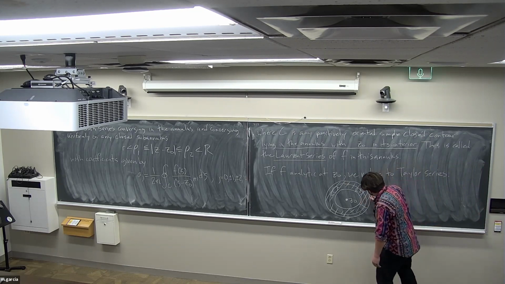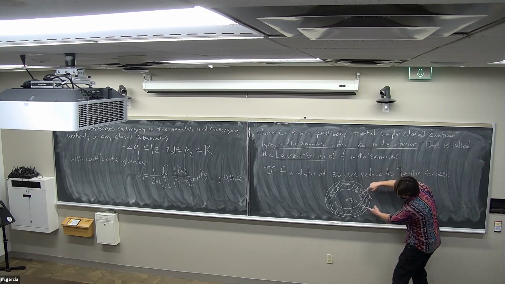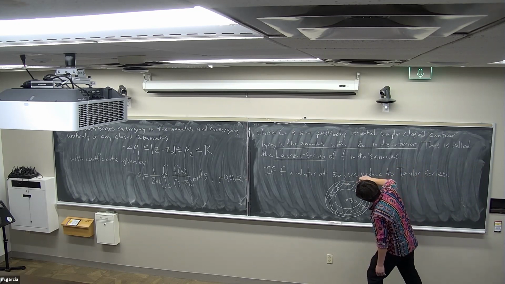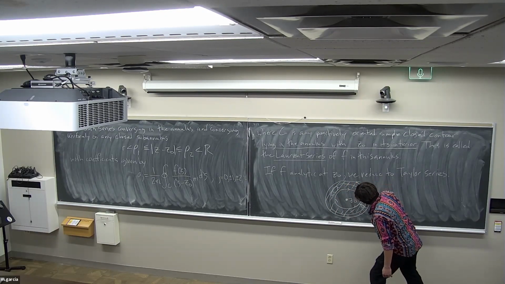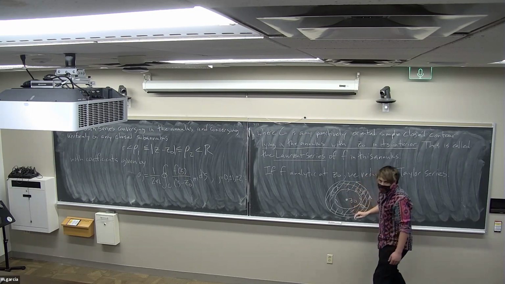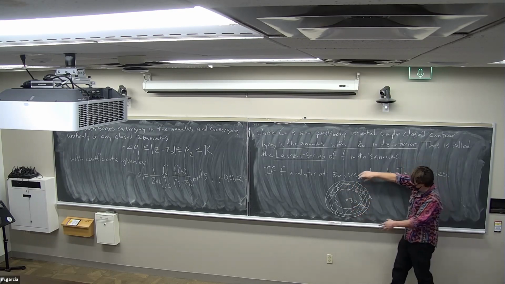A piece that goes like this, a little chunk out of the donut, and then a piece that goes like this, and it goes in, then clockwise on the interior circle until we get to here, and then it comes out and goes back around.